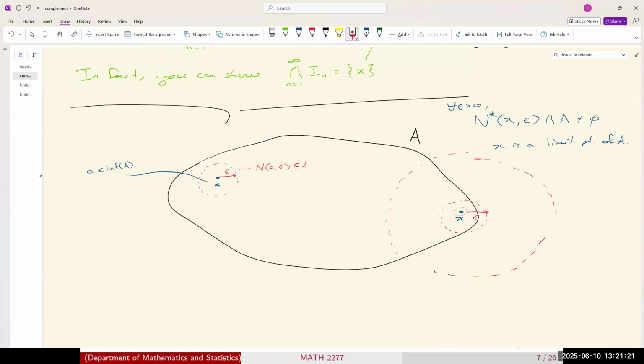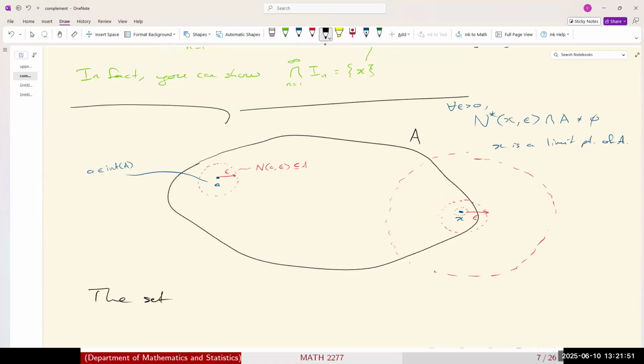Now, just like with interior points, if I take all the interior points and put them in a set, remember that's what this set is. The interior of A is the set of all interior points. In a similar way, I could collect all the limit points of A and throw that into a set.